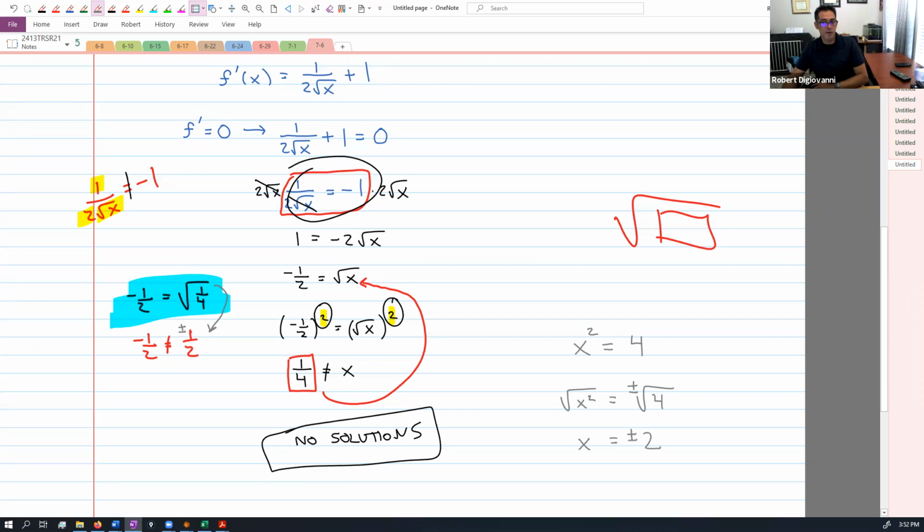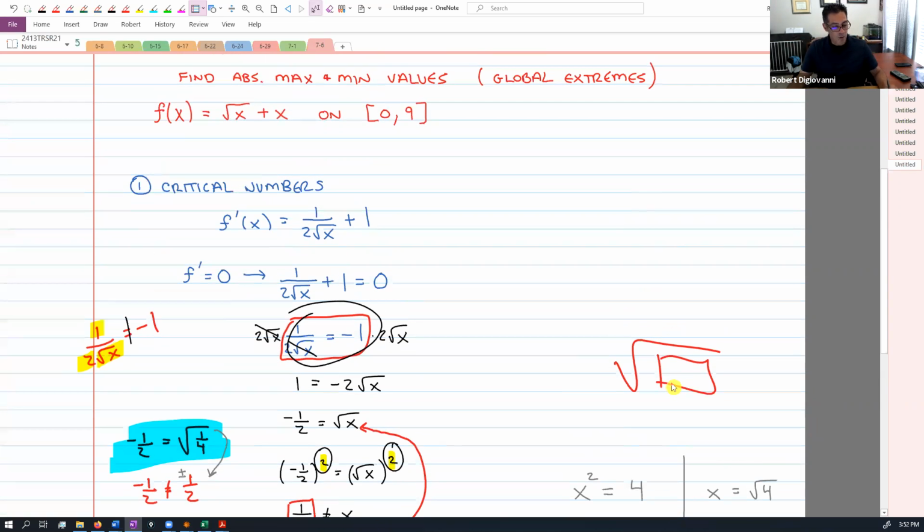But if somebody else were to write down x equals the square root of 4, your answer is 2. That's it. There's no plus or minus because the square root was there already. You did not create the square root. I know that's confusing. That's why I don't want to go too far down that rabbit hole. All right, we're only halfway.